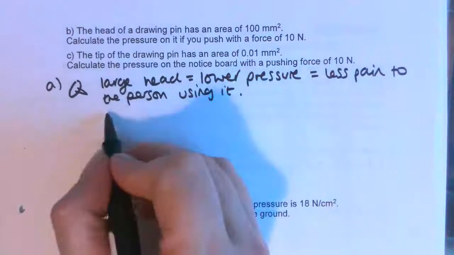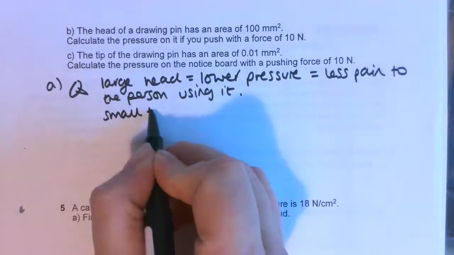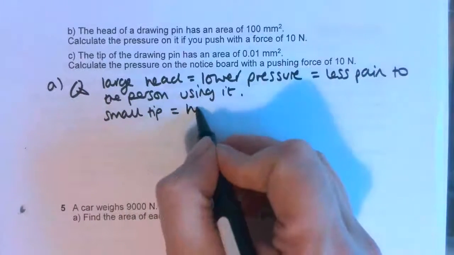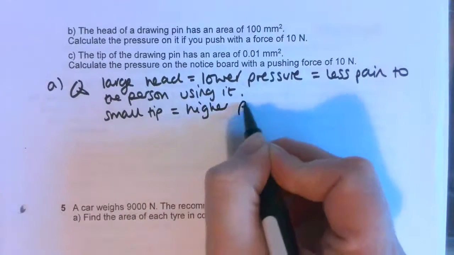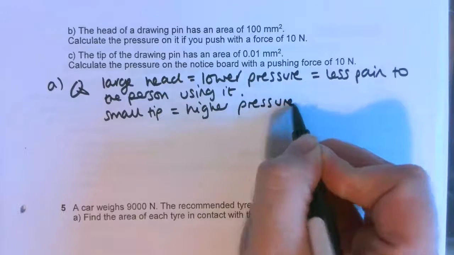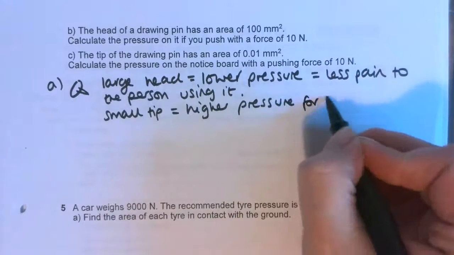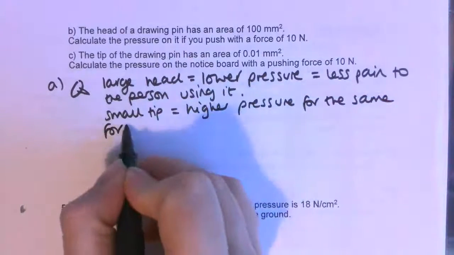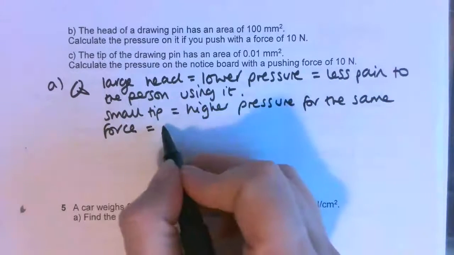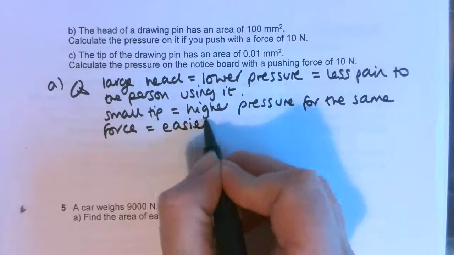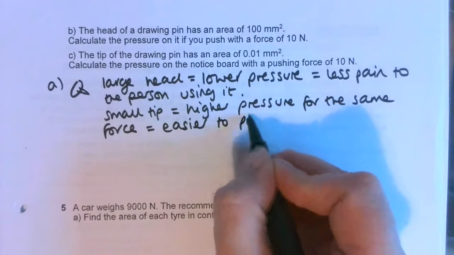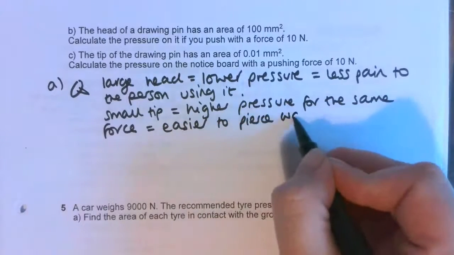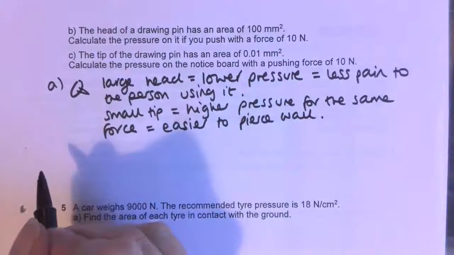And the small tip gives you a higher pressure for the same force. So that means it's easier to pierce into the wall. Okay.